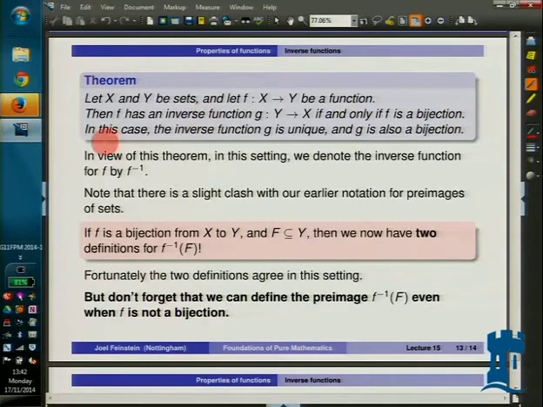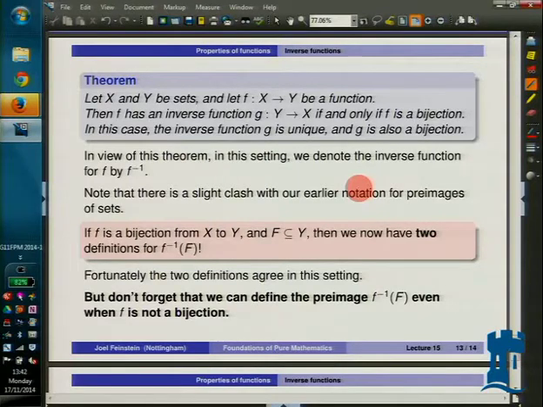And in view of that theorem, we get that the inverse function could be denoted by f to the minus 1. Now, before I go and prove this, I want to just remind you that we already were using the notation f to the minus 1, even when f isn't a bijection, because we looked at pre-images of sets, and that was defined even if it wasn't a bijection.